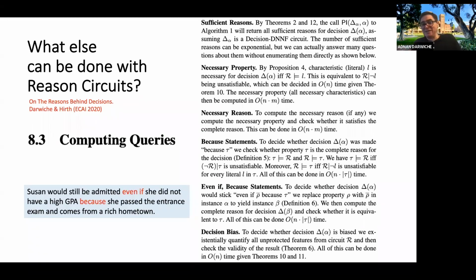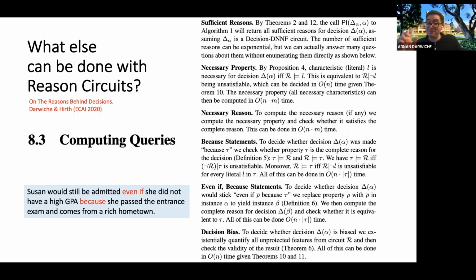We identify in this paper a class of queries which we call even-if-because. Here's an example. Susan was admitted by a classifier, and then there's the statement: Susan would still be admitted even if she did not have a GPA, because she passed the entrance exam and comes from a rich hometown.